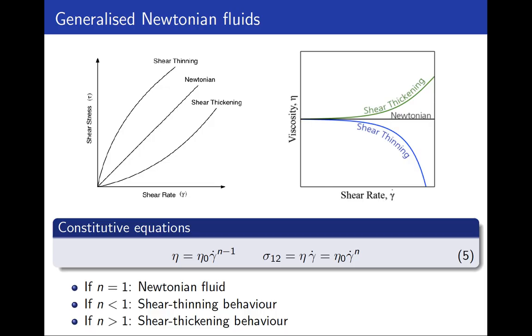And viscosity, in a few words, is also known as the resistance of a fluid to a change in shape or movement at a given rate, or using even simpler words, the viscosity can be seen as a measure of a fluid's resistance to flow. For Newtonian fluids, the viscosity is always going to be constant if we plot it against the shear rate.